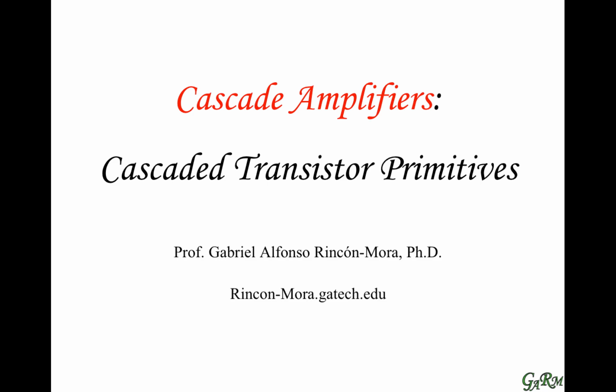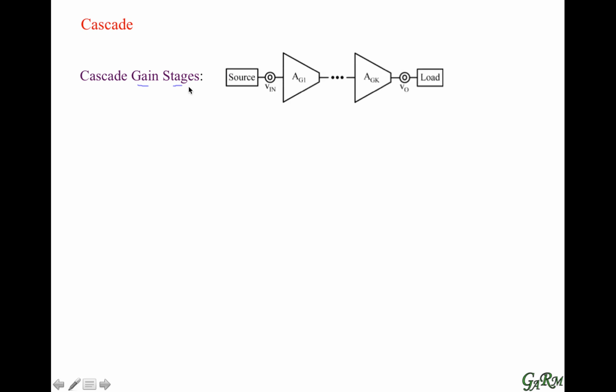This video is on cascade amplifiers. In other words, cascaded transistor primitives. So in a cascade, what we mean is that we take gain stages and cascade them together in series. So we can start with a source, and that feeds the input of a first gain stage.